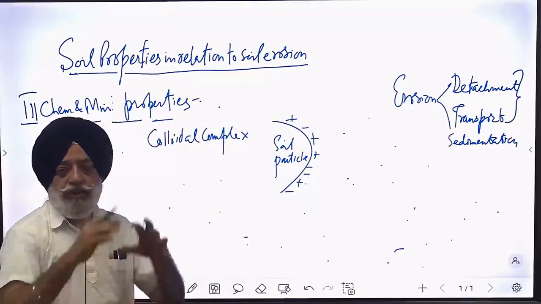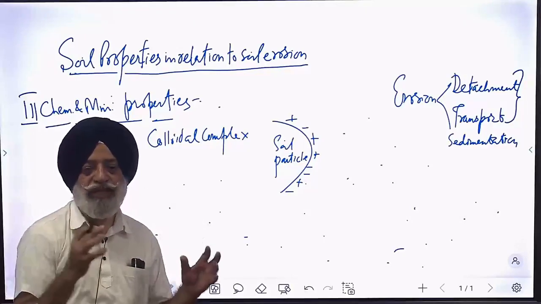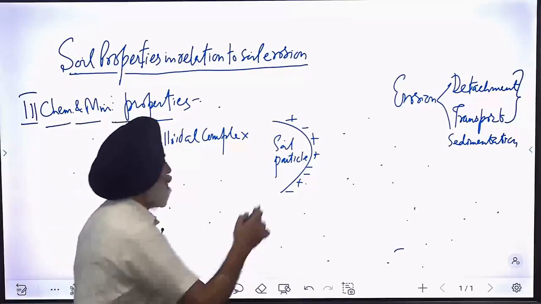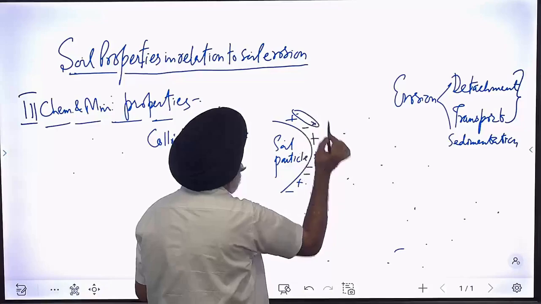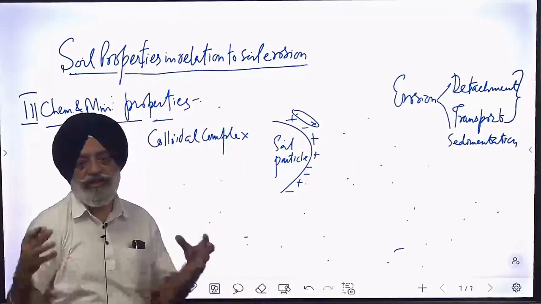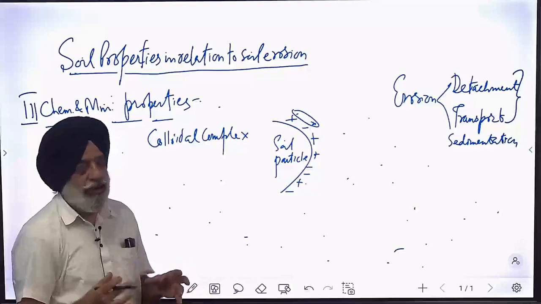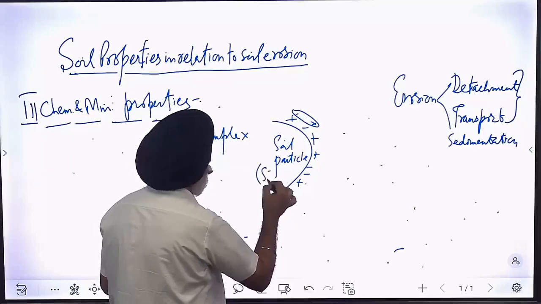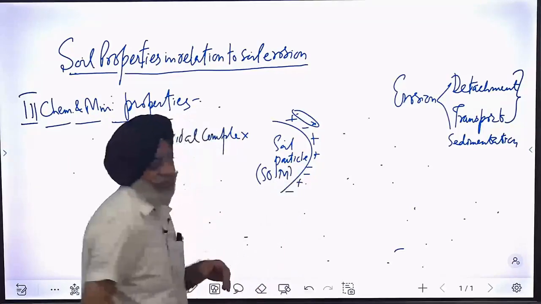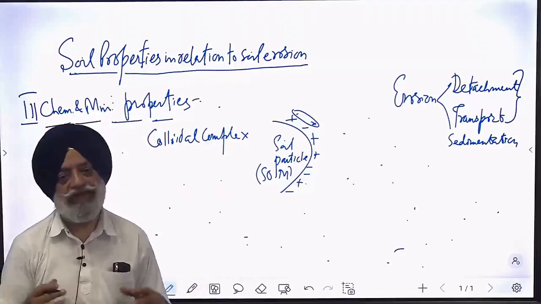Ultimately the net positive or net negative charge will determine the force with which water molecules, being bipolar in nature, get attracted towards it. Or instead of a soil particle, it could be soil organic matter, which is also part of the colloidal complex.